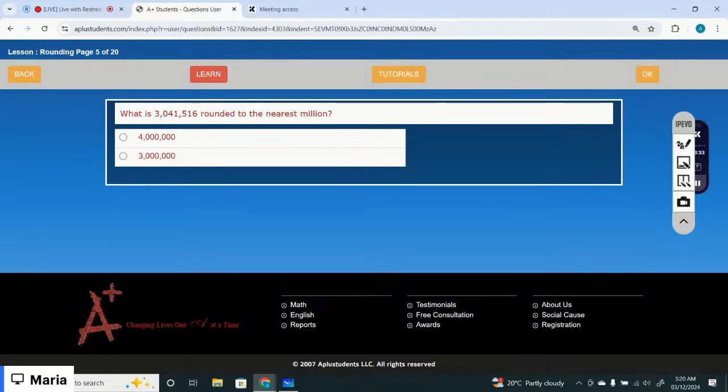What is 3,041,516 rounded to the nearest million? Which is the correct option? 1 or 2?